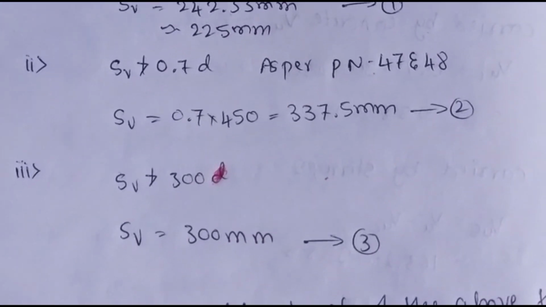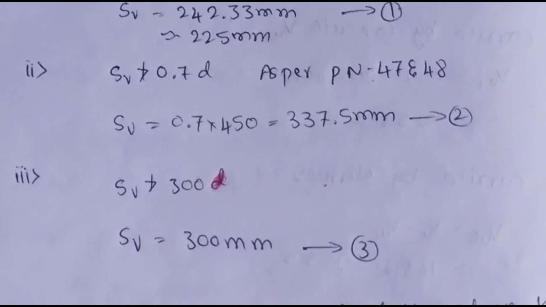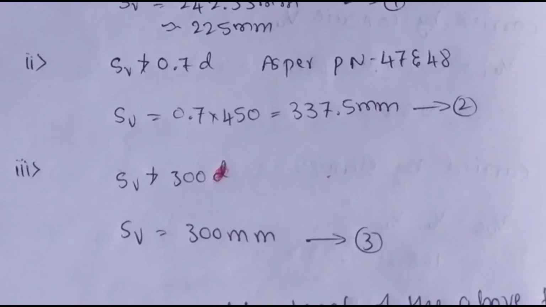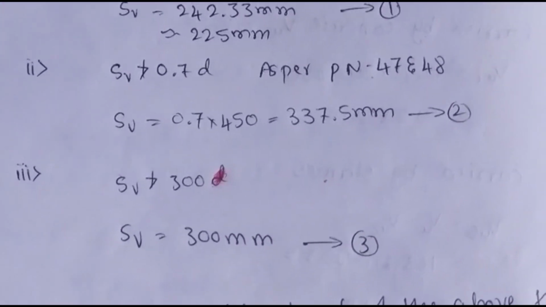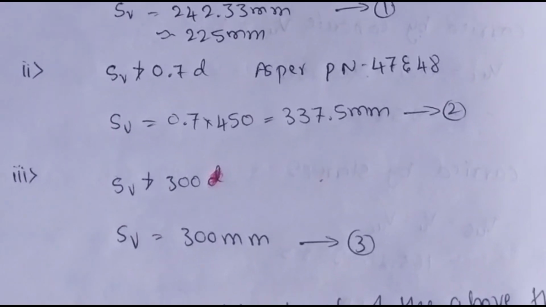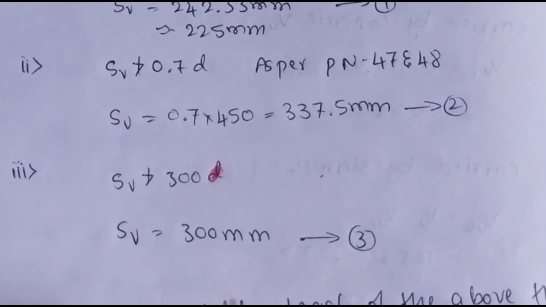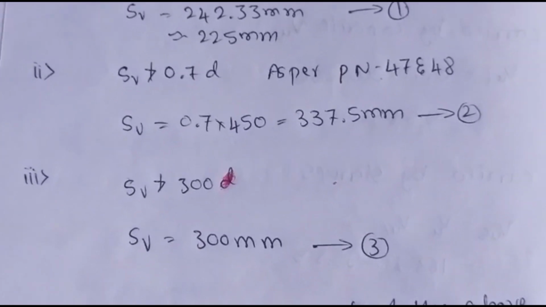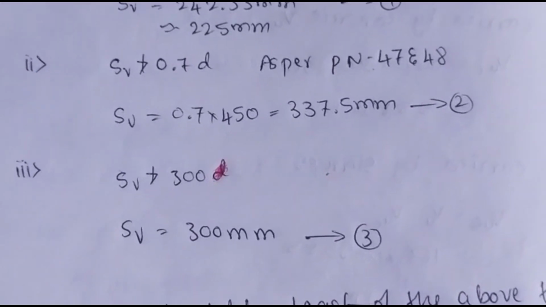But sometimes, when it comes greater than 300 mm, such as 400, 450, 500, at that time you should provide 300 mm, the least value, because they have mentioned that the spacing of stirrups should not be greater than 300 mm.